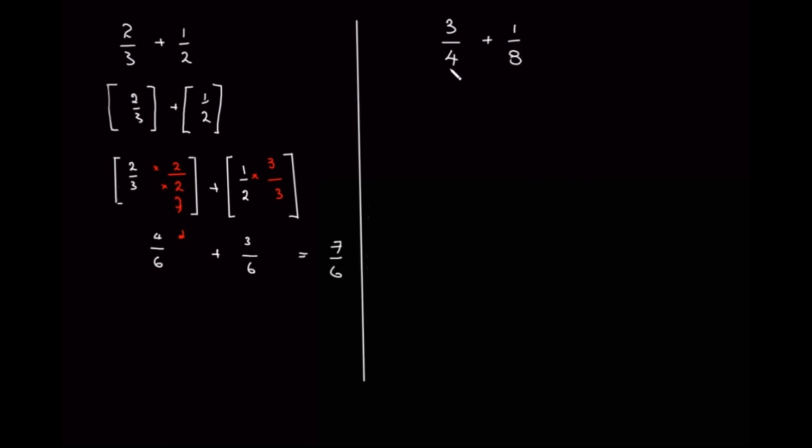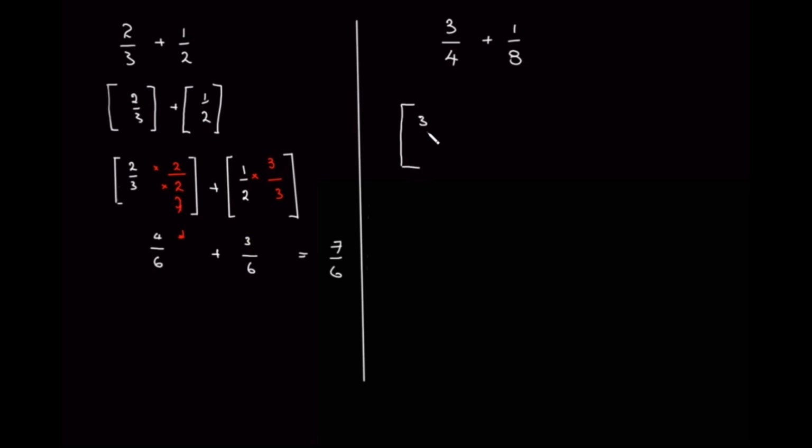Bottom numbers are not the same, so what we're counting does not have the same size. We change this here such that the 4 becomes 8. So let me put that in a bracket. All it's doing is grouping things, the bracket. It's not doing anything else.